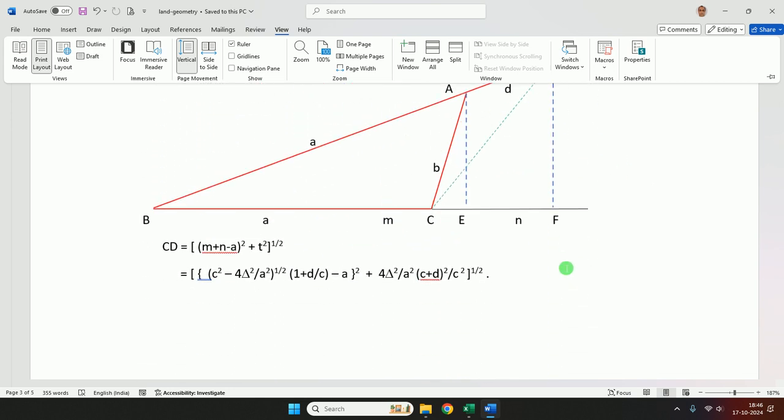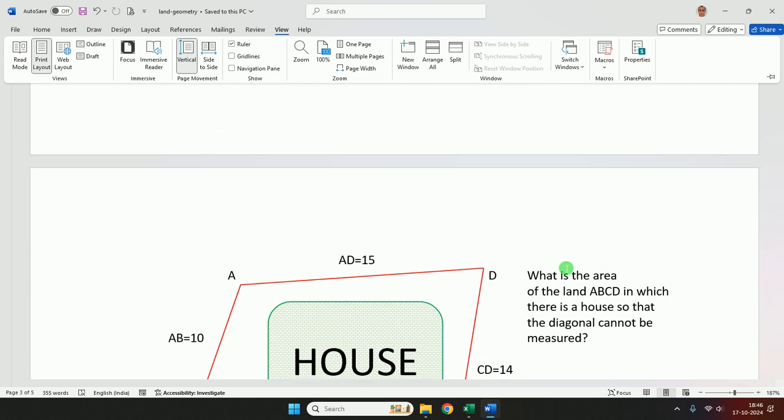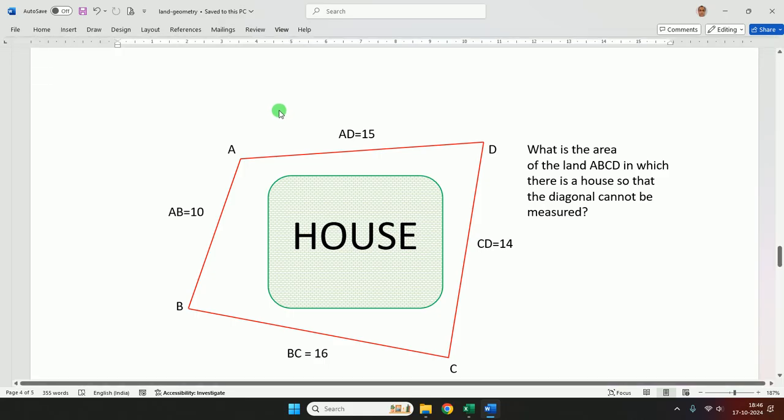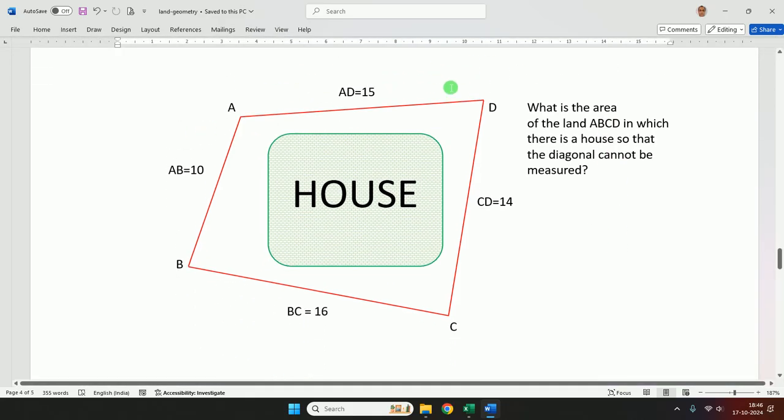Now let us see an application. Let us try to see this problem. Here I have a land. It's a quadrilateral whose four sides are of different lengths, and there is a house built inside it.